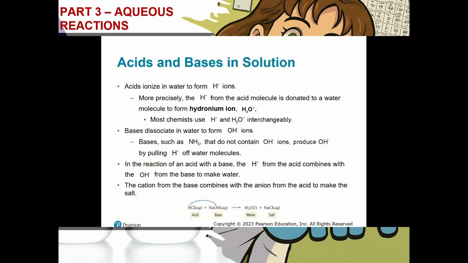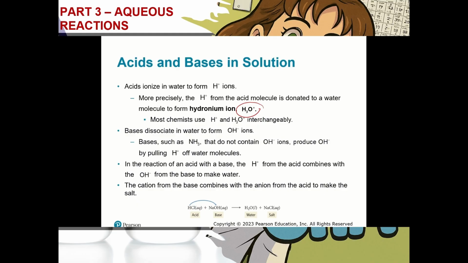As acids donate protons to water, they form hydronium ions. Hydronium ion is H3O plus. Bases dissociate to release OH, hydroxide ions. In an acid-base reaction, the proton from the acid and the OH form water.